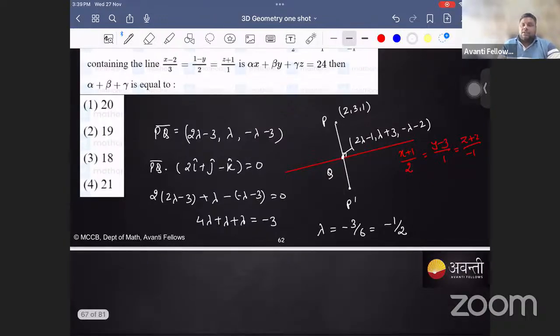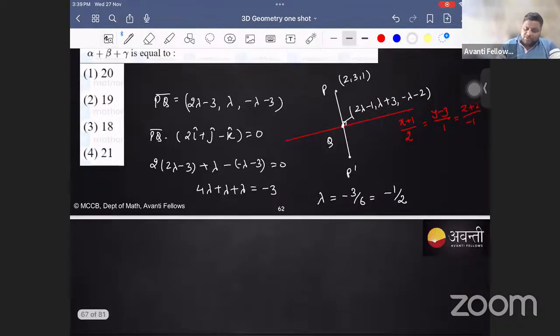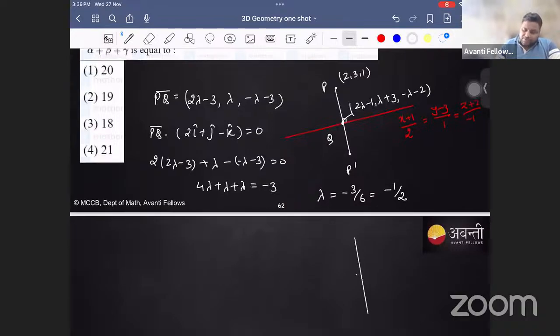So with this lambda, you got this point Q as minus 2, then lambda plus 3, so 3 minus 1 by 2 is 5 by 2, and minus lambda minus 2 is going to be minus 2 plus 1 by 2, that is minus 3 by 2. This point P is already known to you, that is 2, 3, 1.